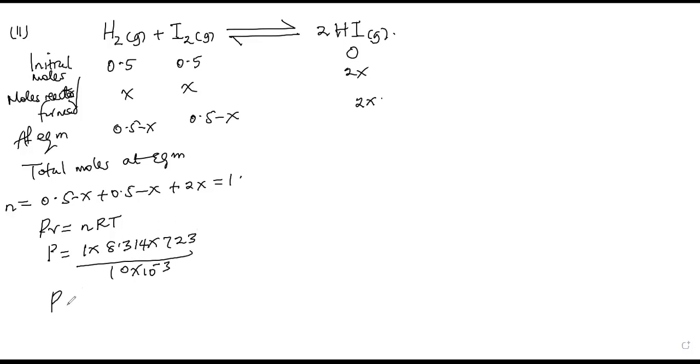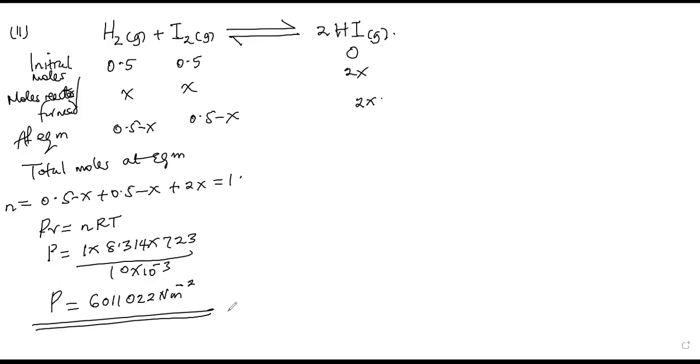So this will give you total pressure as 610.11022 newtons per meter squared. That is how we get the total pressure.